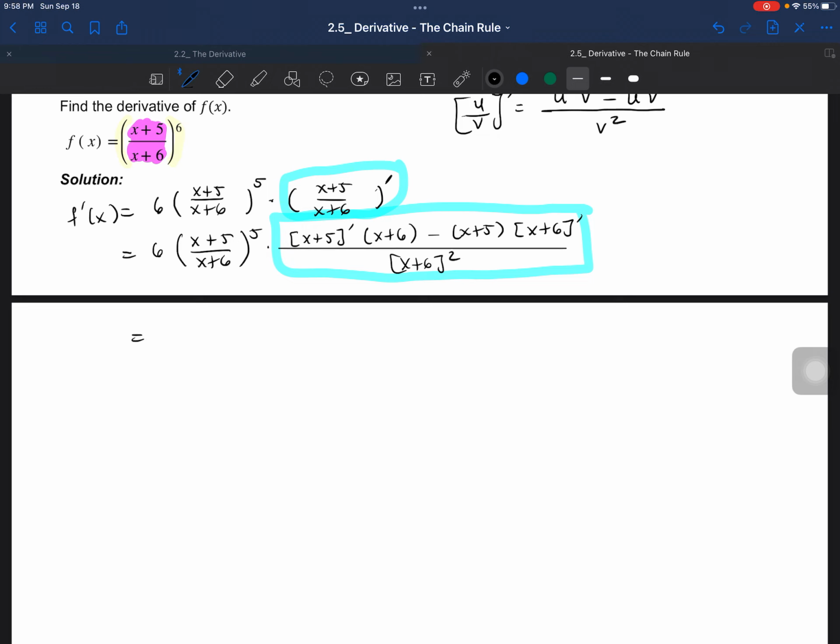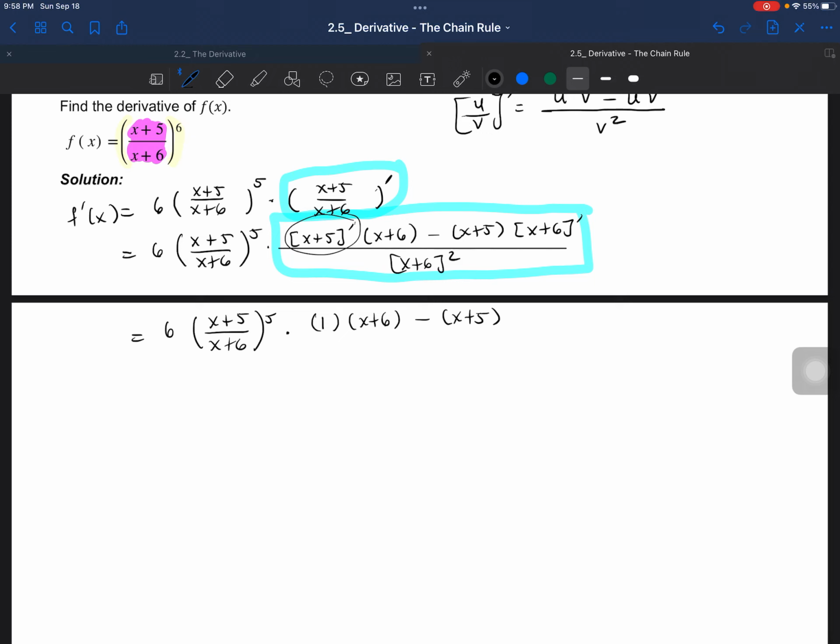All right, so let's go ahead and simplify this. This stays the same. All we're doing is taking the derivative of x plus 5, which is just 1. The derivative of x is 1, the derivative of 5 is 0, so that's 1 times x plus 6. That one stays the same.